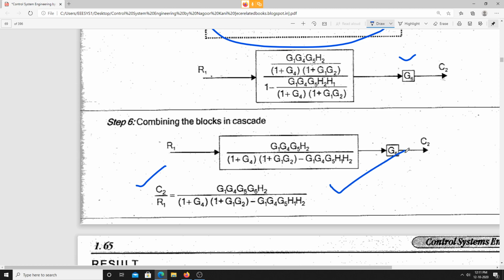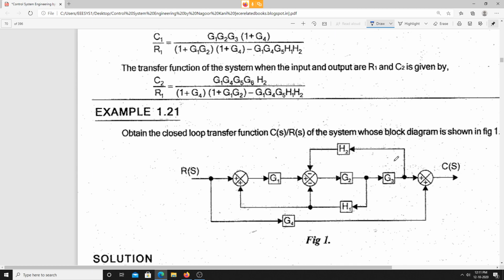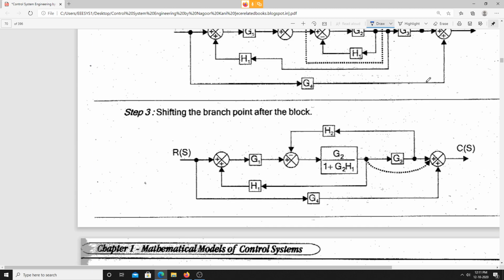Is it clear? I hope everyone got a clear idea about this. You may have a bit of confusion, but it will become clear when you solve more problems. So this is the concept of block diagram reduction.